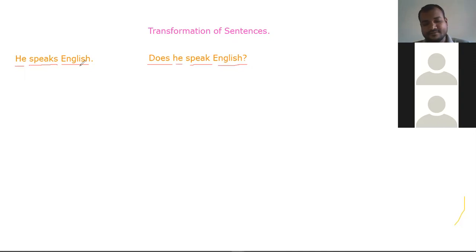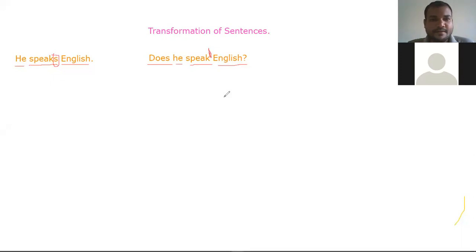In the assertive, speaks, sir. Okay, he speaks. Very good. So in the verb here we added s, but here there is no s. Very good. One observation. Any other observation? And in the assertive there is no does, sir. Okay. So in the assertive statement there is no does, but in the interrogative there is an extra word does. Correct?